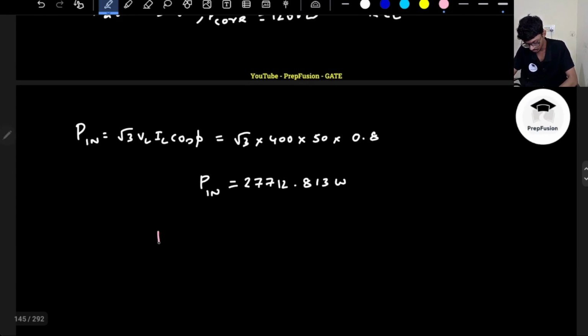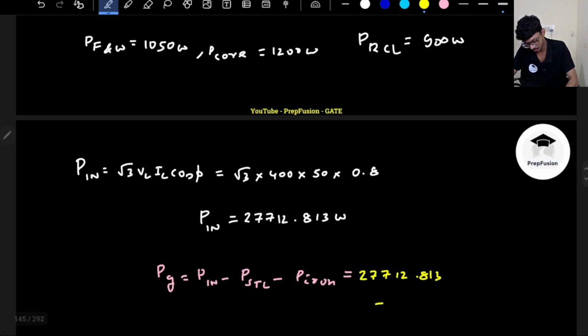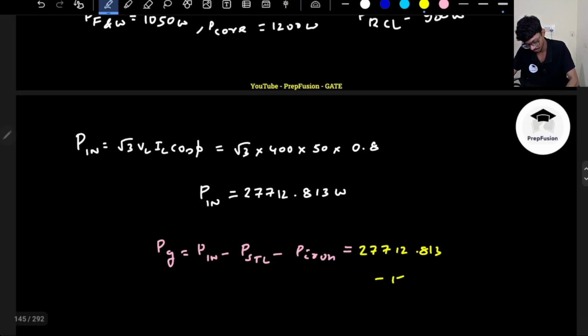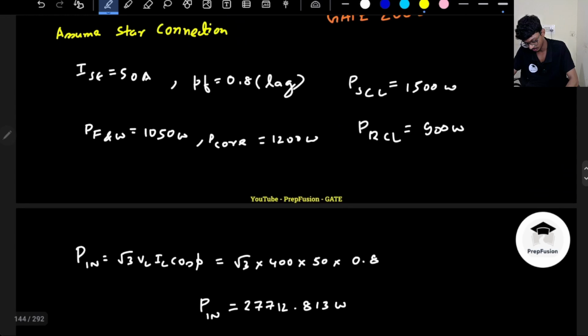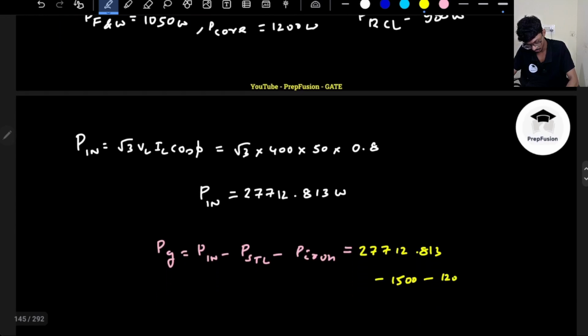I need to find out the air gap power. What will be the air gap power? It will be basically the input power minus the stator copper loss minus the iron losses. So input power is 27712.813 minus the stator copper loss of 1500 watts, minus the core loss of 1200 watts.